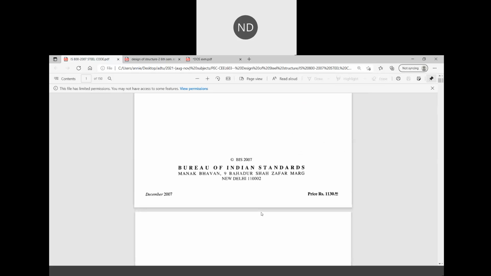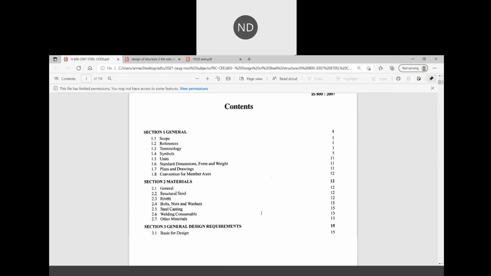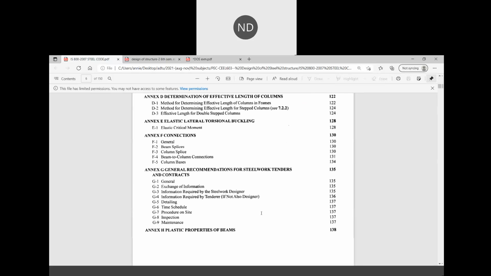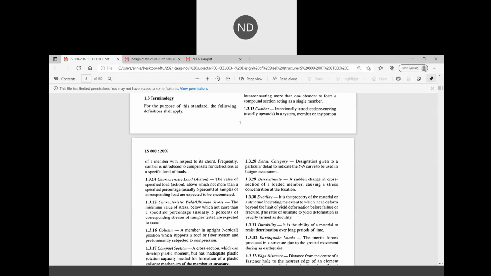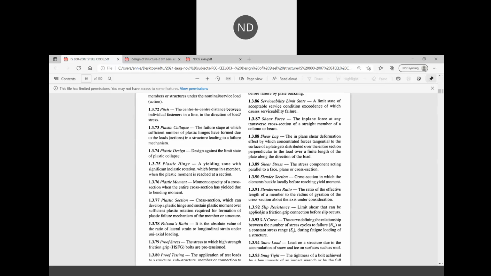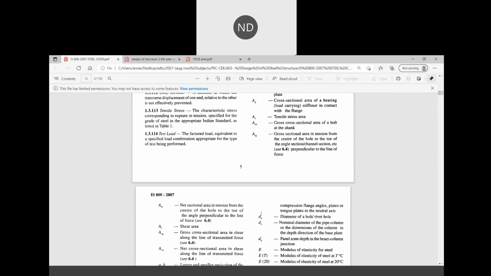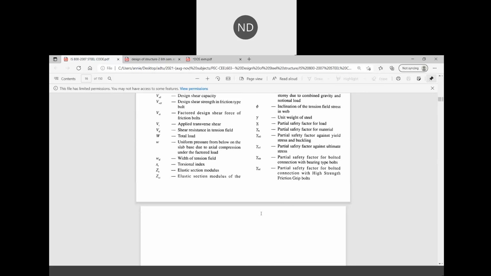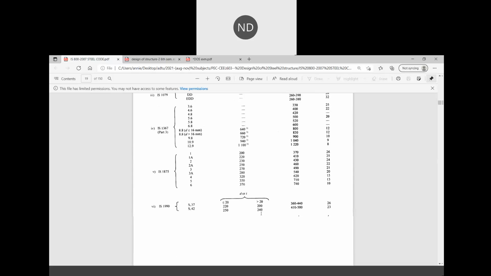So we were supposed to find out the partial safety factors, right? So we'll go to table 5, page number 30.